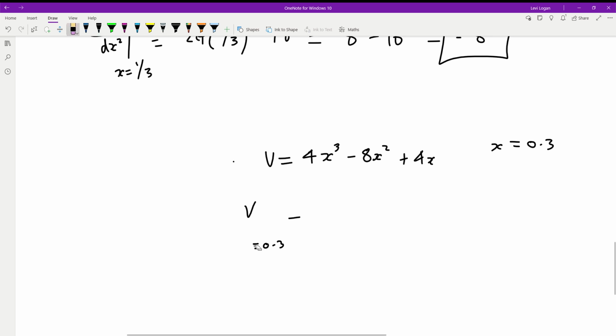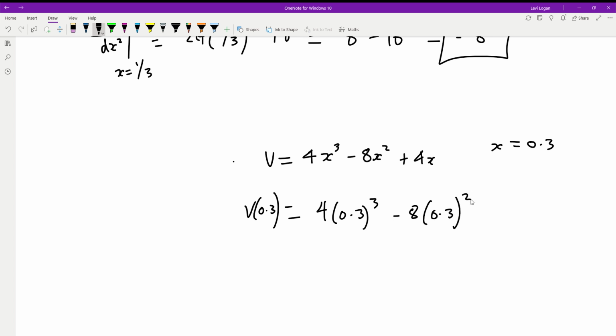We could actually write that in terms of function notation if we wanted to. V of 0.3 equals 4 times 0.3 cubed minus 8 times 0.3 squared plus 4 times 0.3.